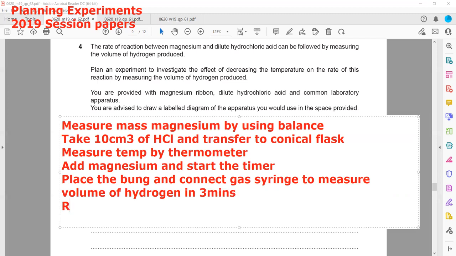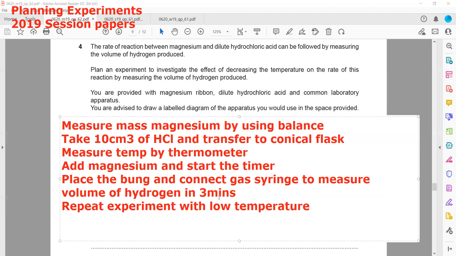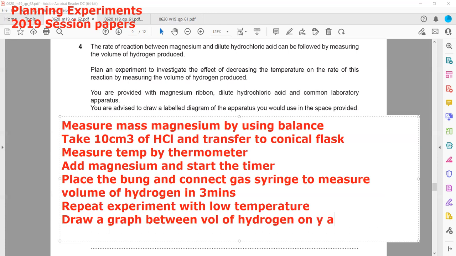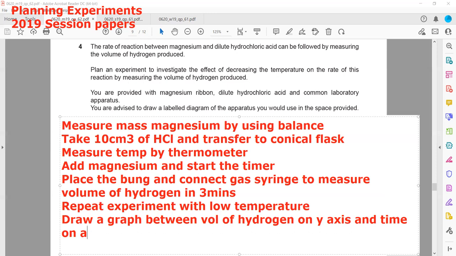Then we can repeat the experiment with lower temperatures, or different temperatures. To reach our conclusion, we can draw a graph between volume of hydrogen on the y-axis and time on the x-axis.